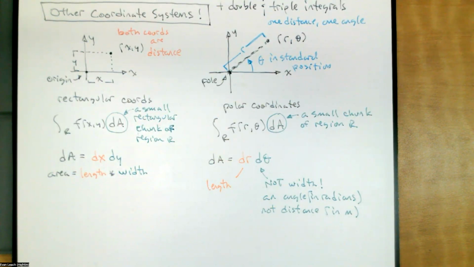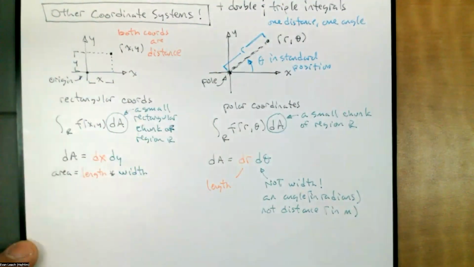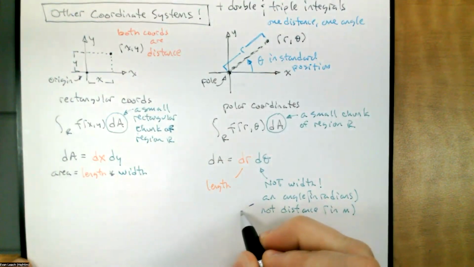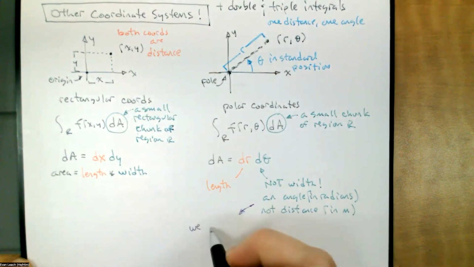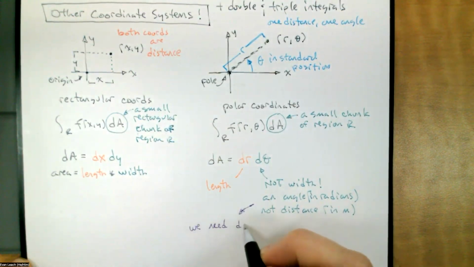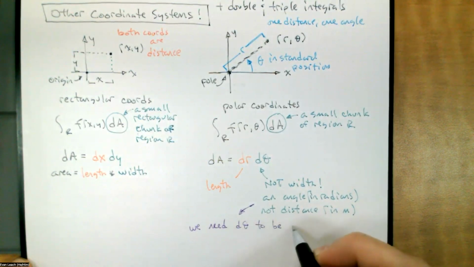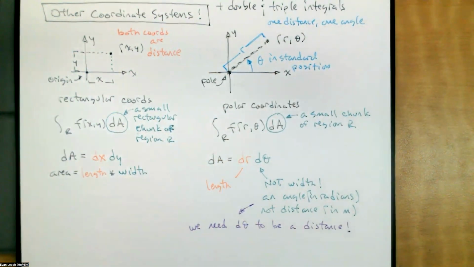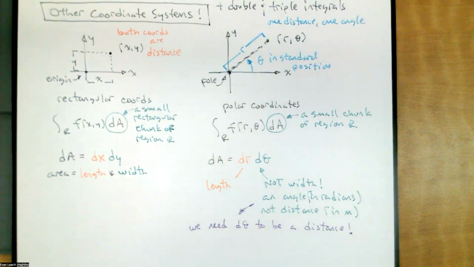Not helpful. We need to turn this change in angle into a length. That's what we run into now. The change in angle needs to become a length. We need to take this d theta and somehow make it into a distance.